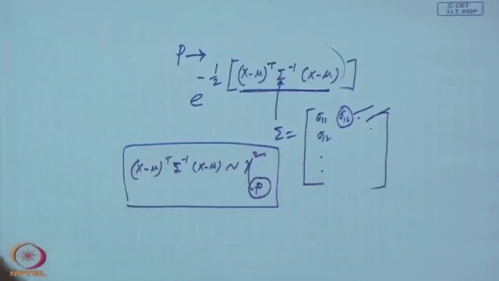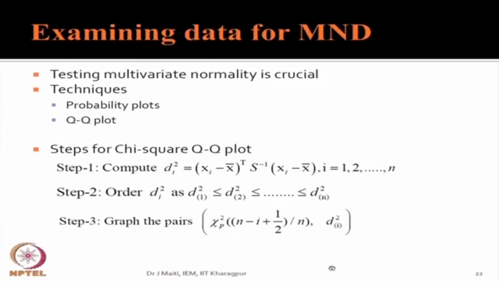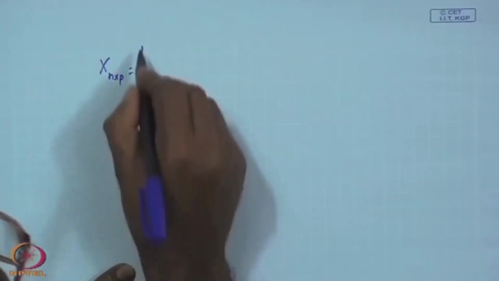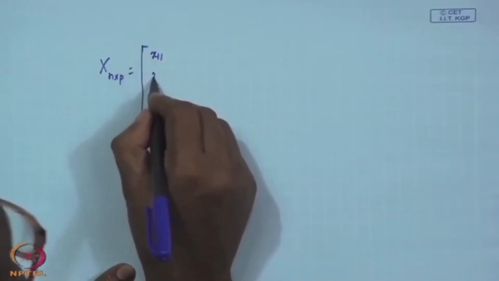Now, we will discuss another important aspect that is very important for all of us. When we collect data, suppose we collected data n cross p, and our data points are like this.